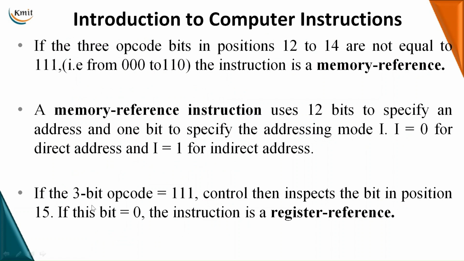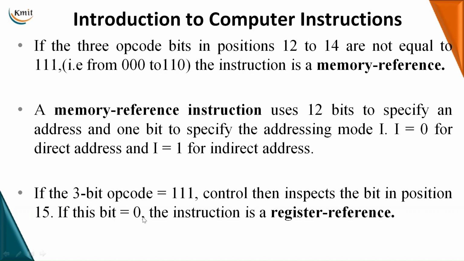That is what is explained here. If the three opcode bits in positions 12 to 14 are not equal to 111, which means they lie between 000 and 110, the instruction is a memory reference instruction. Similarly, if the three opcode bits are 111, the control then inspects the bit in position 15, that is, the I bit.